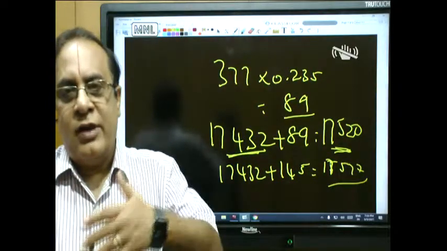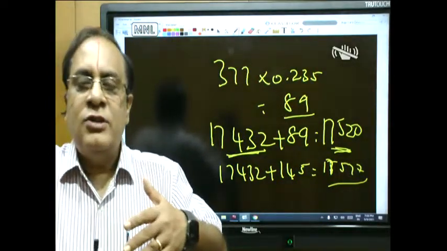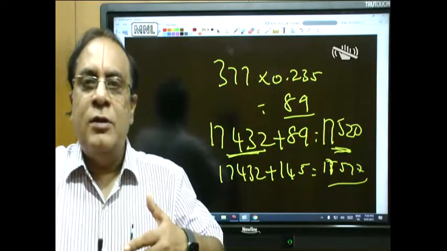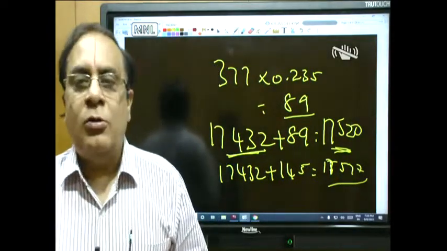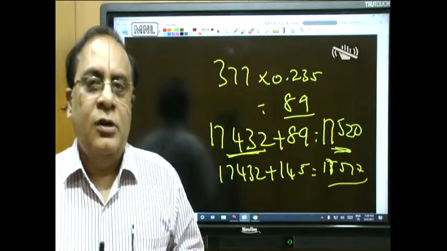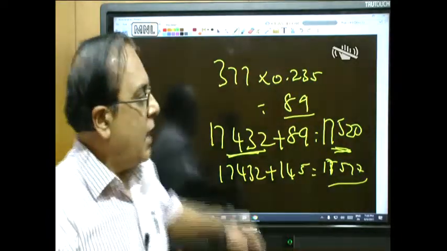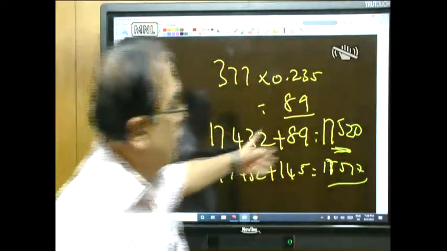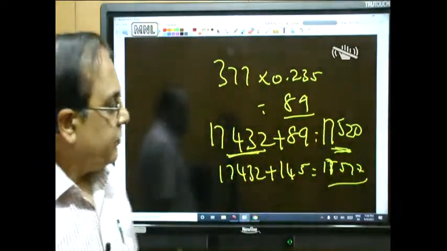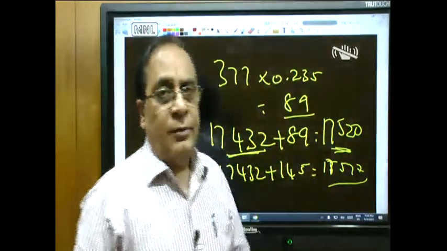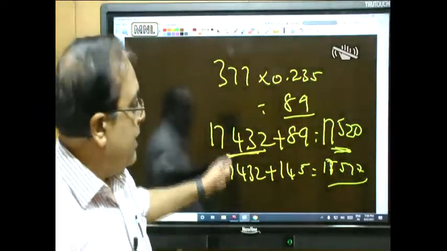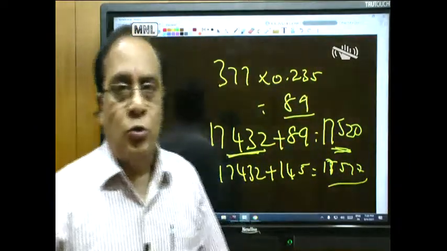Because there was a gap of 377, you can use 377 into 0.235 and 377 into 0.382 for your calculation purposes. So you can make a projection that above 17,432, you will have 17,520, 17,577, then 170, 180 points, which could be 17,602 or so.